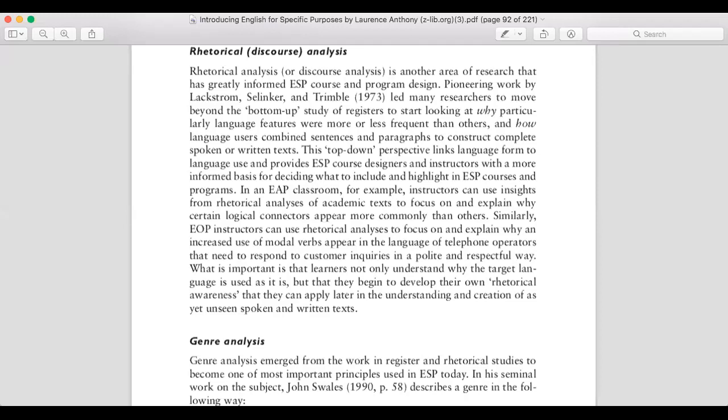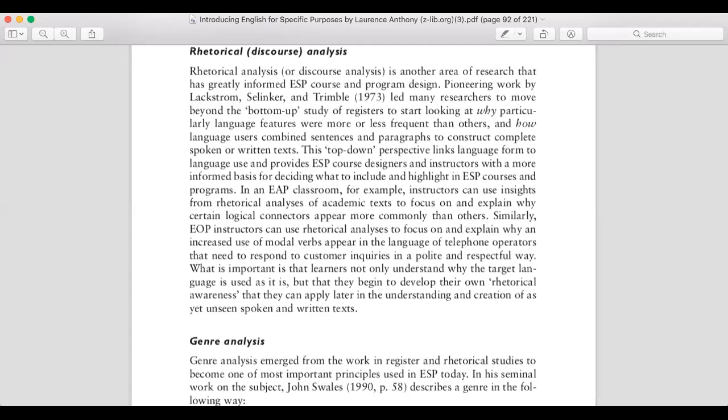What is the use of these features in that particular field? We talk about cohesion and coherence in rhetorical or discourse analysis. Okay, so basically, the top-down approach gives the instructor a more informed basis. Okay, why are we doing it? Or why is such a thing frequent and why is such an element less frequent is all part of your rhetorical or discourse analysis, right?